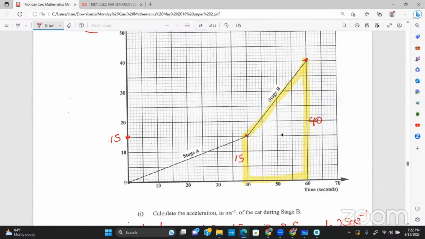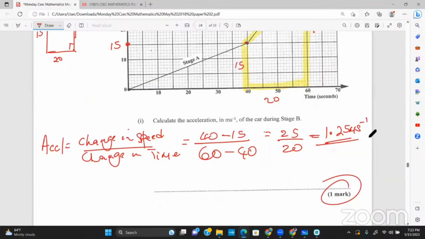And the height is going to be 20 down here. Talking about the trapezium, you're talking about a thing that looks like this. 20, 15, 40. So the area of the trapezium is half the sum of the parallel sides times the height.